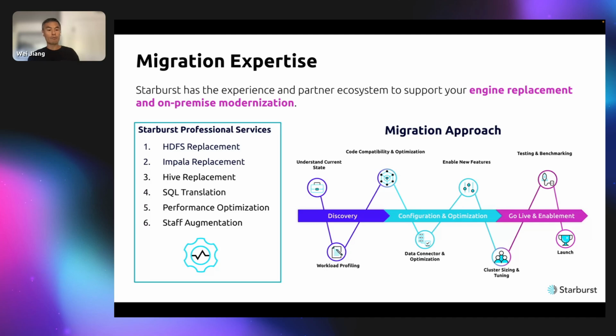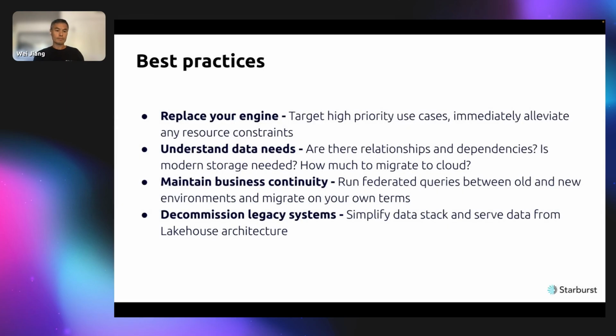And we do have a professional services team with a lot of expertise in doing this. They can help you with staff augmentation or just guide you along the way if need be. So just to recap the best practices: you can replace your Hive and Impala engine. You can target high priority use cases first.